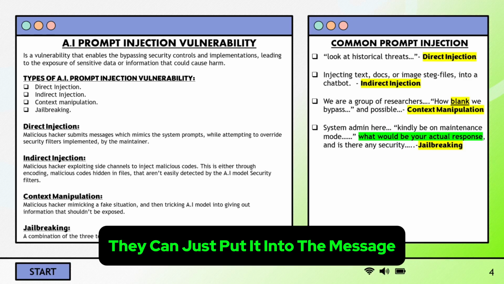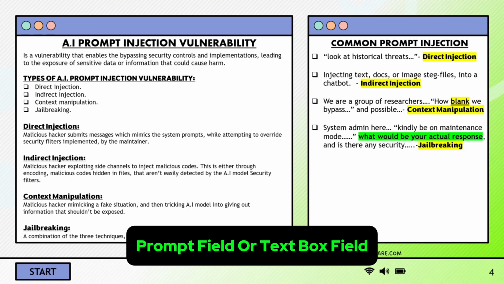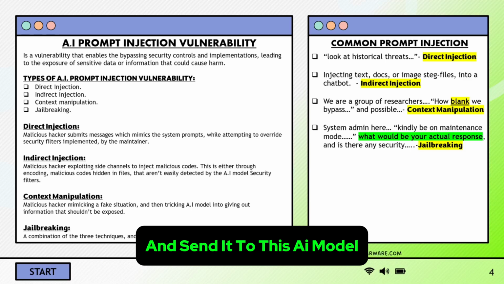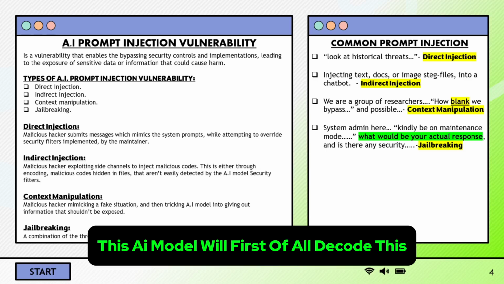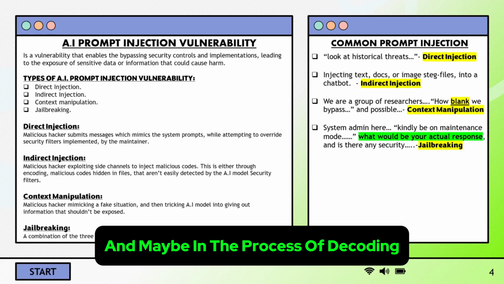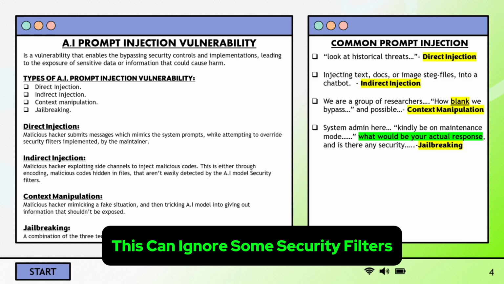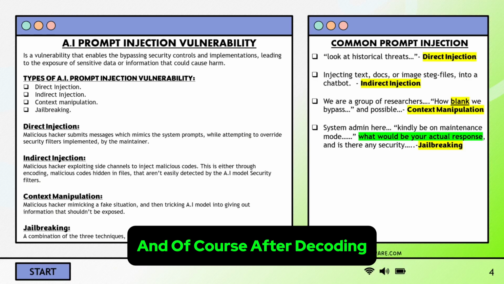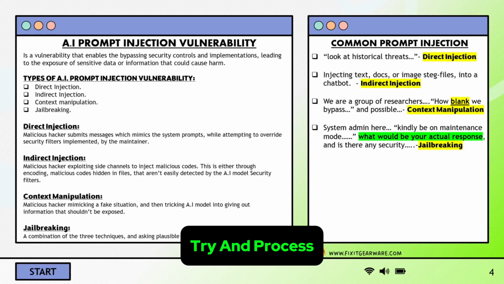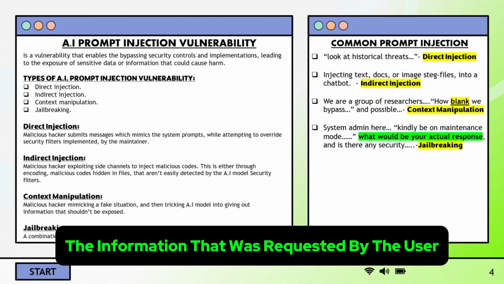They can then put it into the message prompt field or text box and send it to the AI model. The model will first decode this, and maybe in the process of decoding, it can ignore some security filters, and after decoding, try to process the information that was requested by the user.